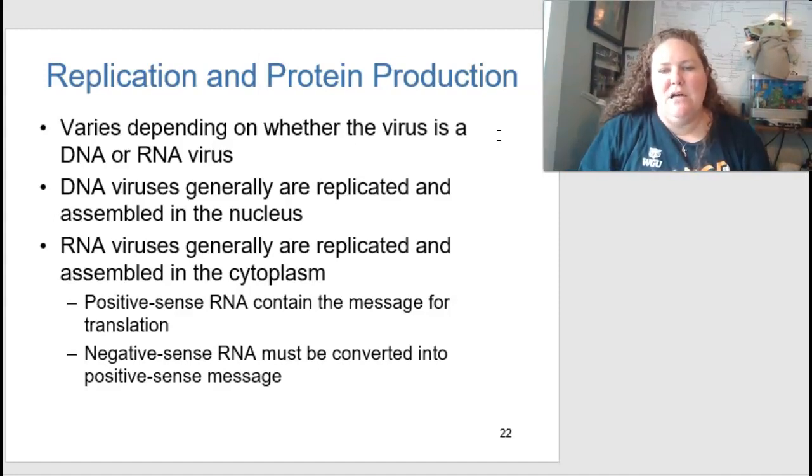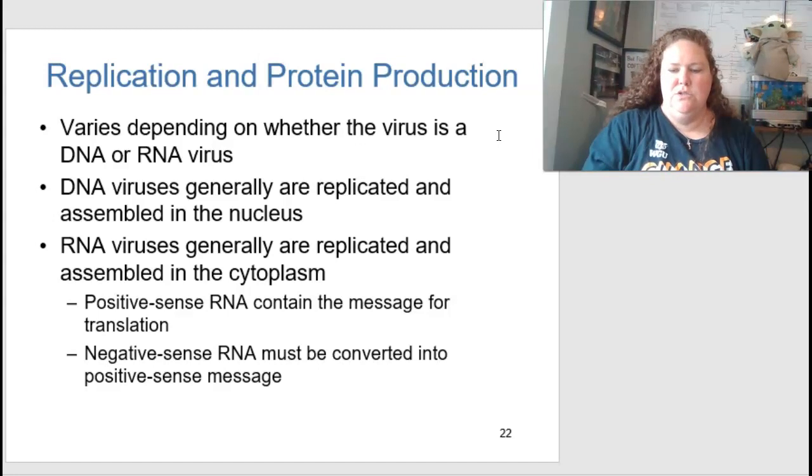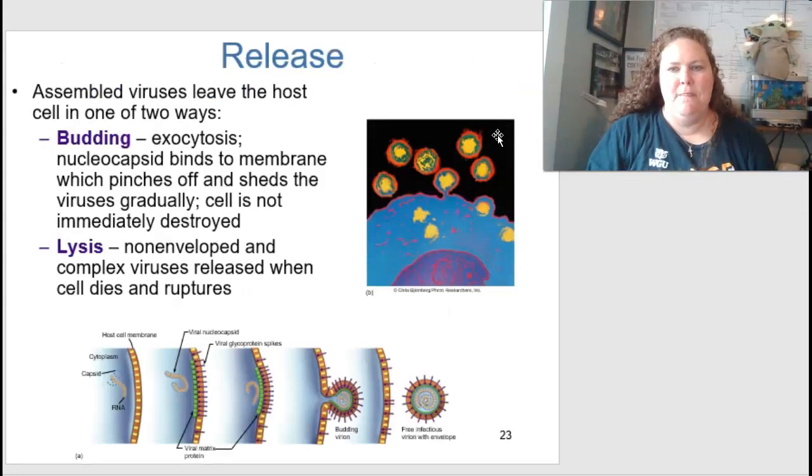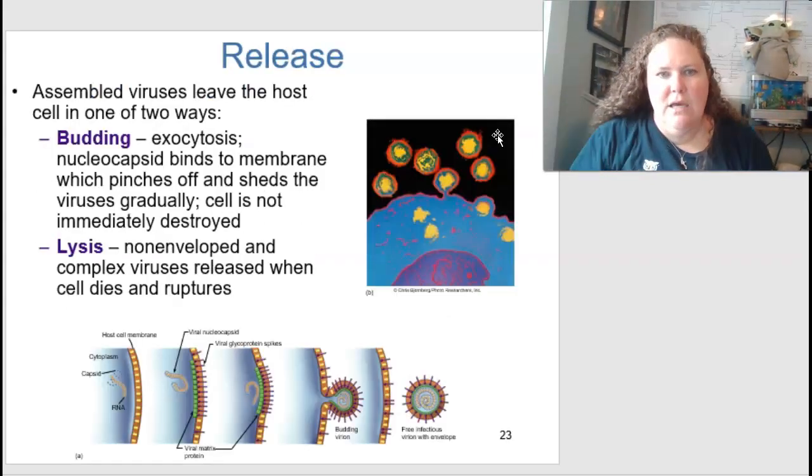So positive sense RNA contains the message for translation, whereas negative sense RNA must be converted into the positive sense message. Then we have release, and this is when the assembled virus leaves the host in one of two ways.